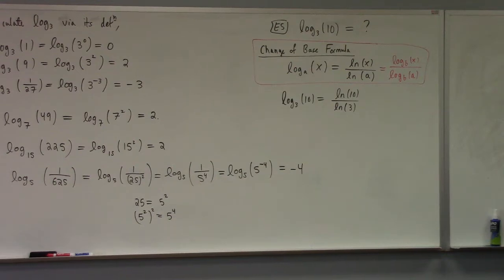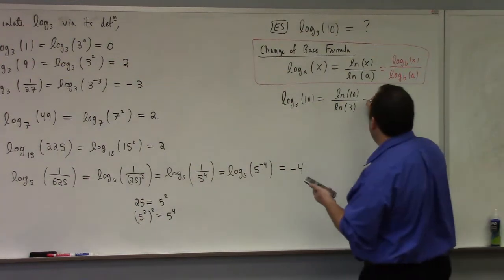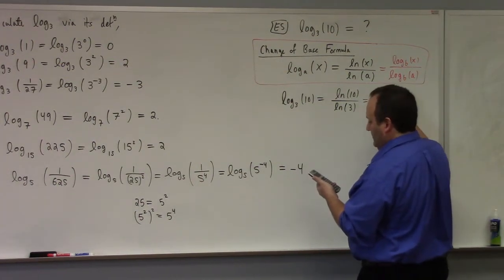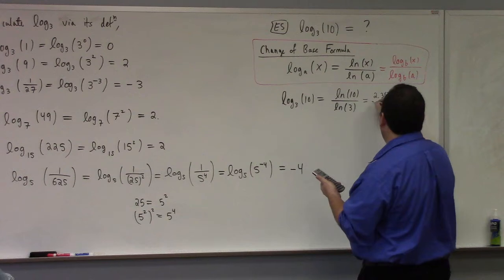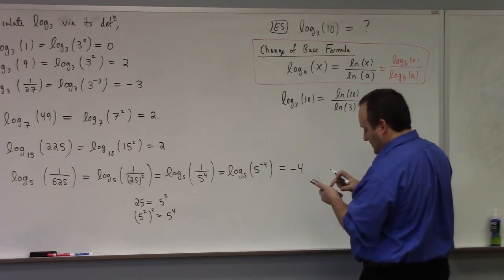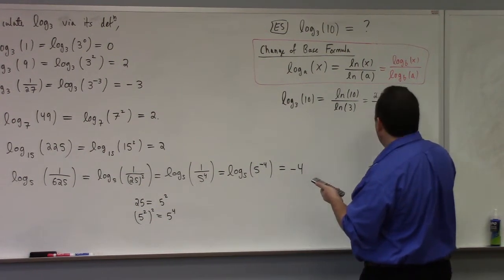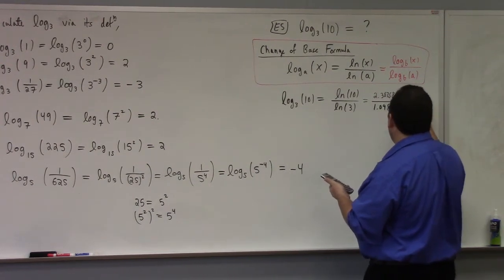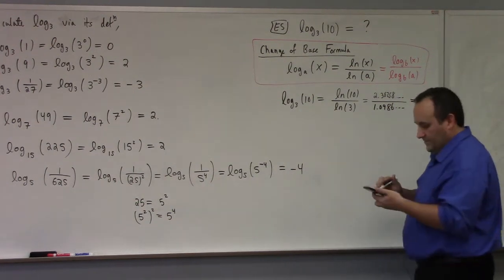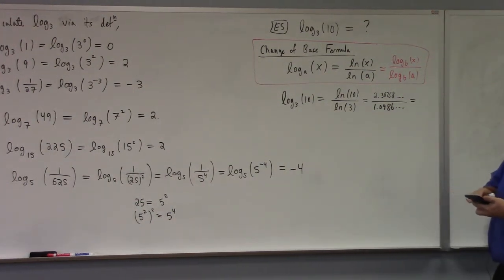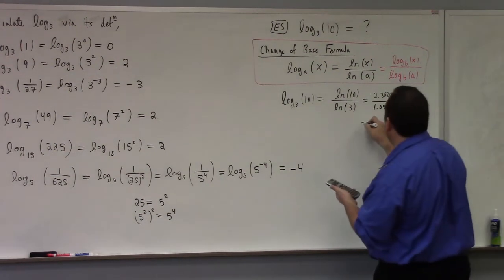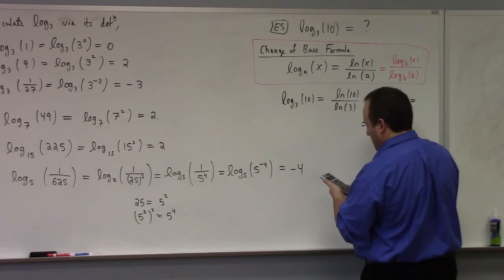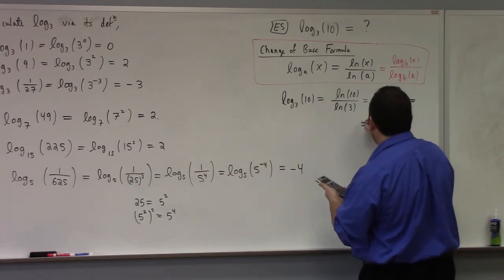So natural log of 10 is like 2.30258, blah, blah, blah. And then natural log of 3 is 1.0986, blah, blah, blah. If I divide them in the calculator, then what I get is 2.096 if I just keep 3 decimals. All right?